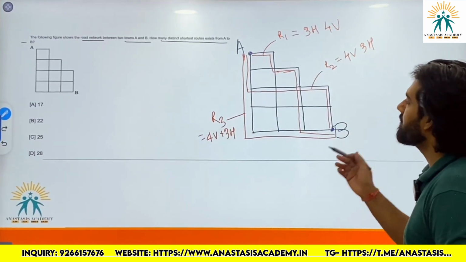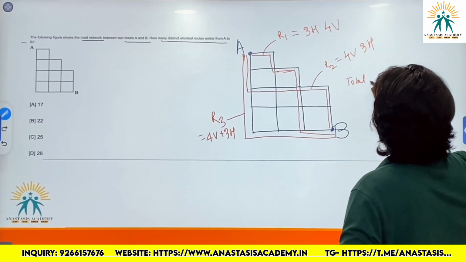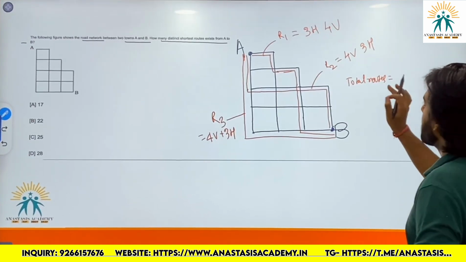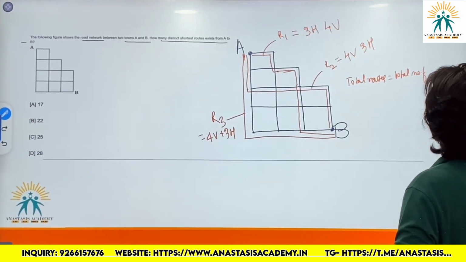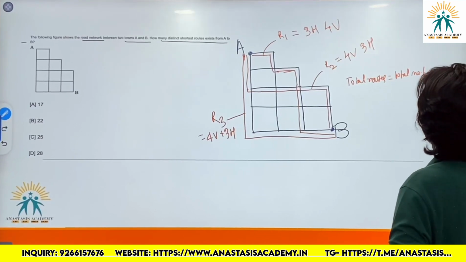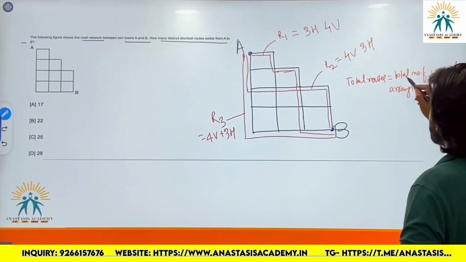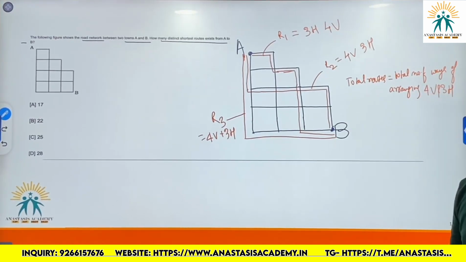So the total number of such routes would be nothing but the total number of ways of arranging 4V and 3H.